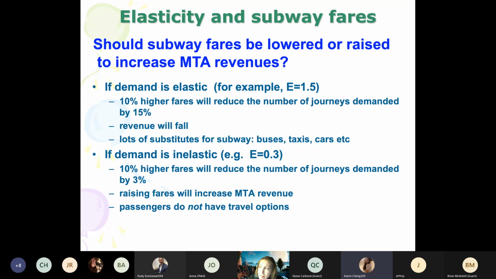I think people might consider getting cars and comparing the price of gas to the subway. So I think the MTA revenue would decrease.